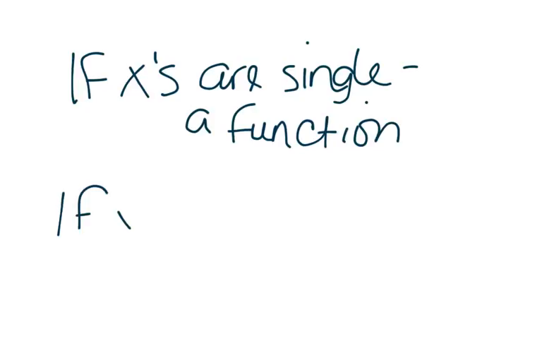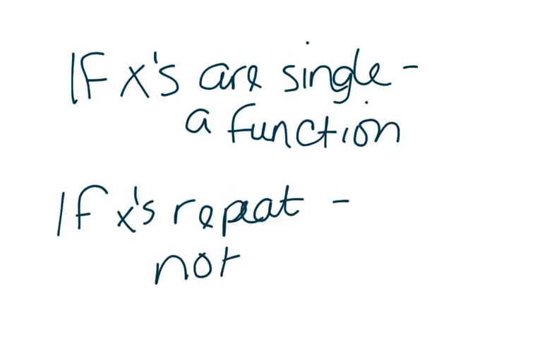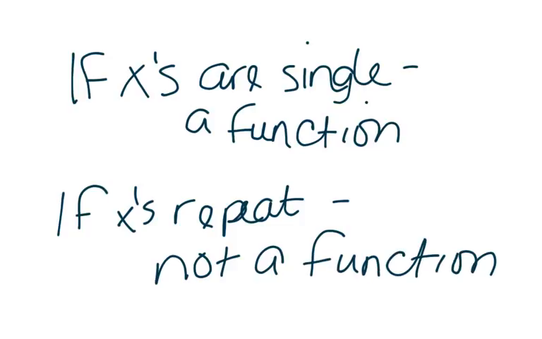If the x's repeat, it is not a function. We'll do some sorting with this and talk about it. There are lots of different pieces to functions. There are linear functions and nonlinear functions, but we're going to show you how to decide whether things are a function and what you do with those functions.